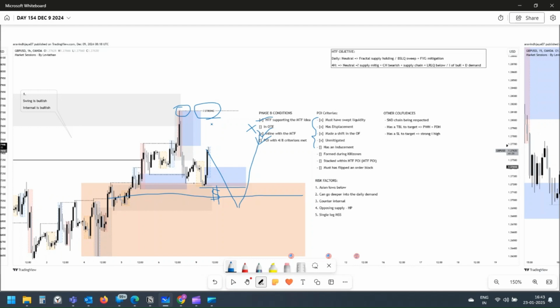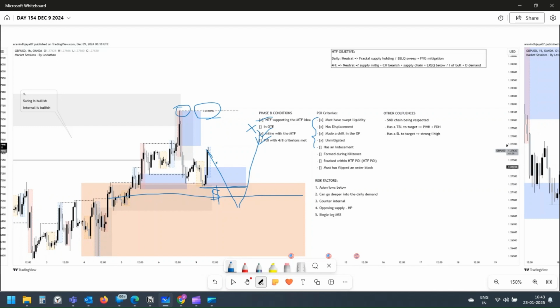So what are the risk factors available? There is an Asian high below, that is a sell liquidity, and this leg does not have any inducement, so the only inducement can be below this low, which is another sell liquidity. And this is totally counter internal.